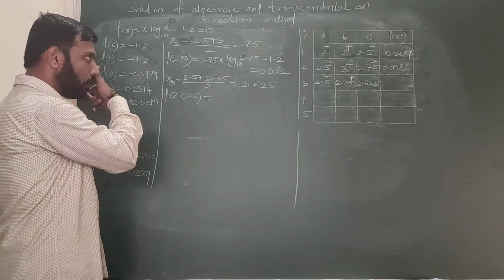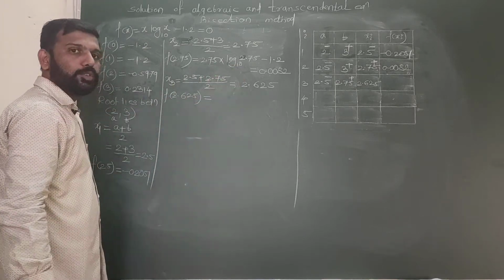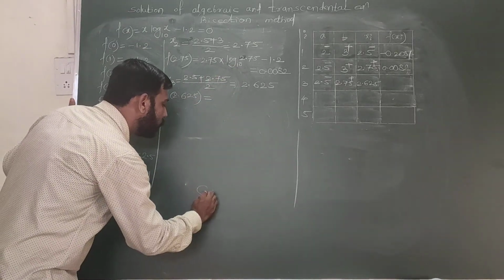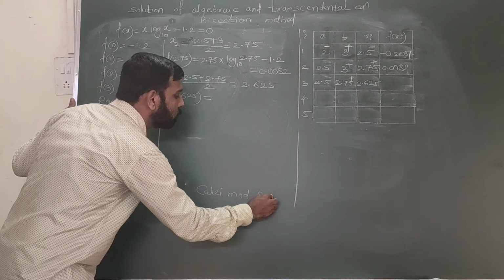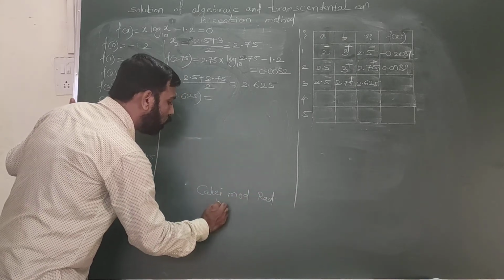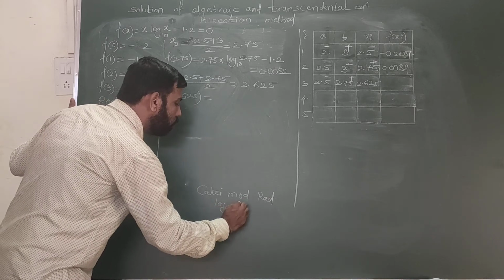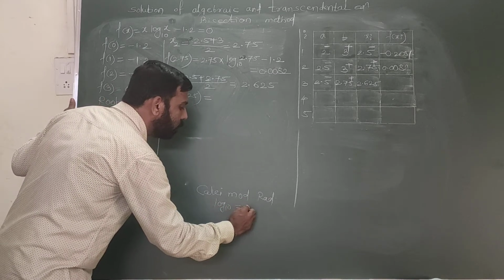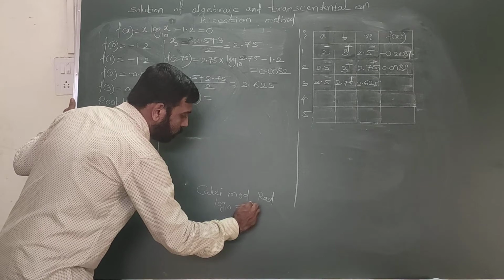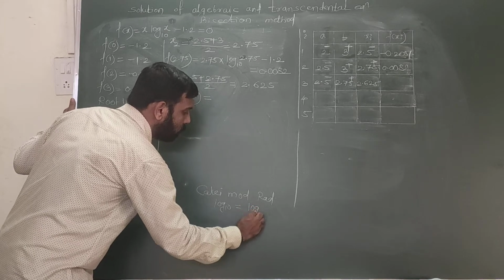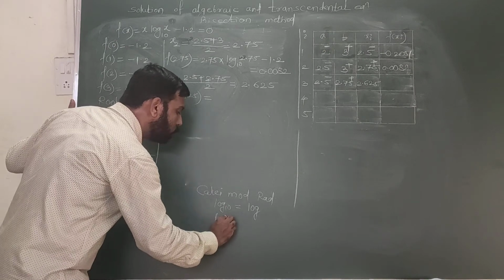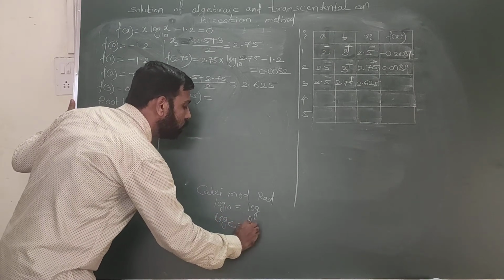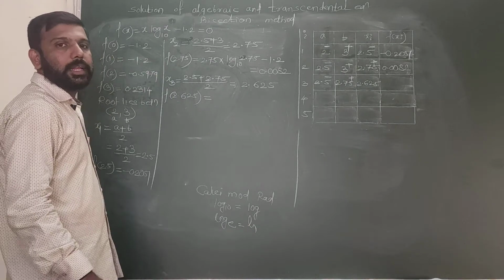Now see here, while calculating this log to the base 10, we have to use the calculator in radian mode, and for log to the base 10 we use the calculator key log. If we have log to the base e, then we use the key ln.